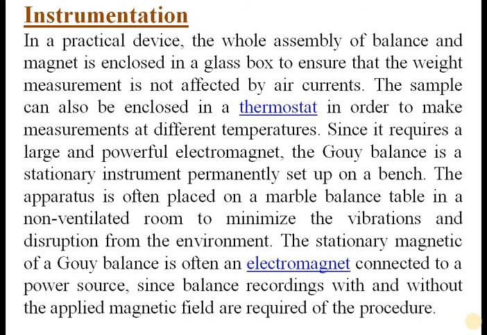The apparatus is often placed on a marble balance table in a non-ventilated room to minimize vibration and disruption from the environment. The stationary magnet of a Gauss balance is often an electromagnet connected to a power source, since balance recordings with and without the applied magnetic field are required in the procedure.